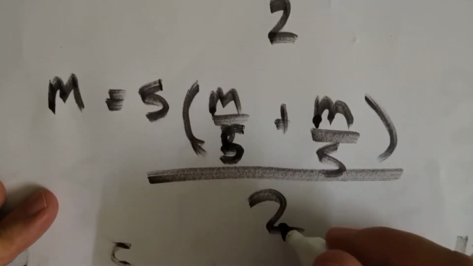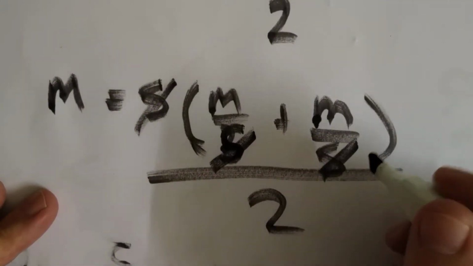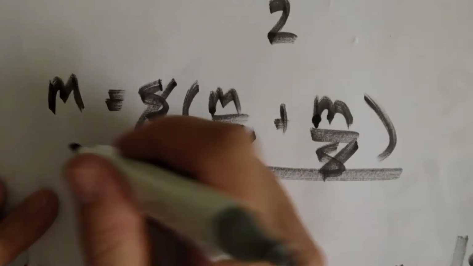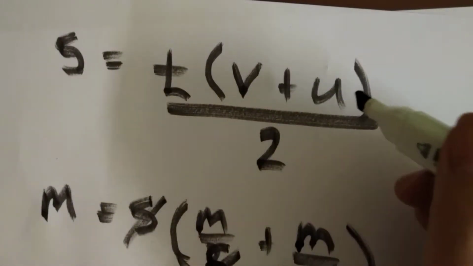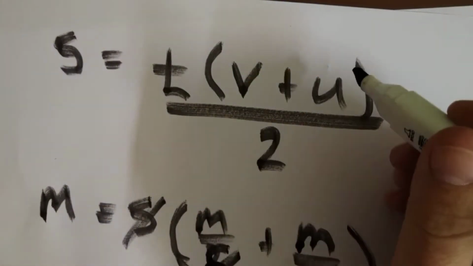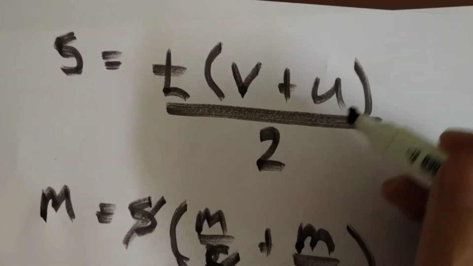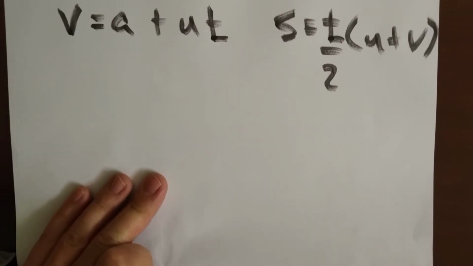Well, these seconds are going to cancel. So we're just going to have what's the average distance if we divide it by 2. So that's why this formula works. Meters per second, seconds, and then the seconds in the denominator here are going to cancel. If we divide it by 2, then we have the average.